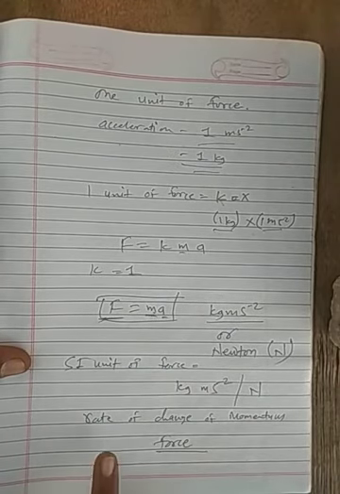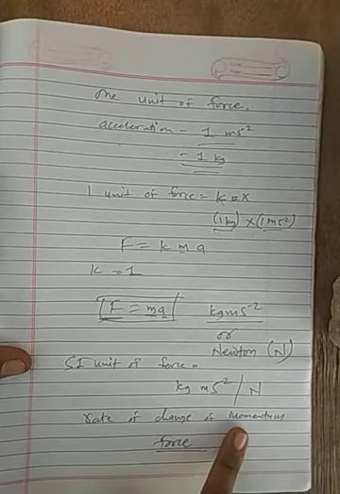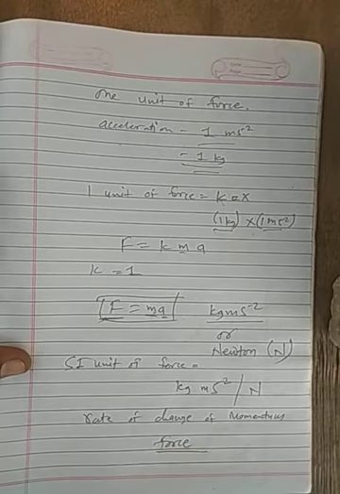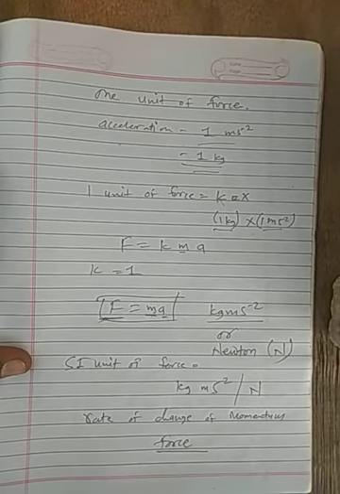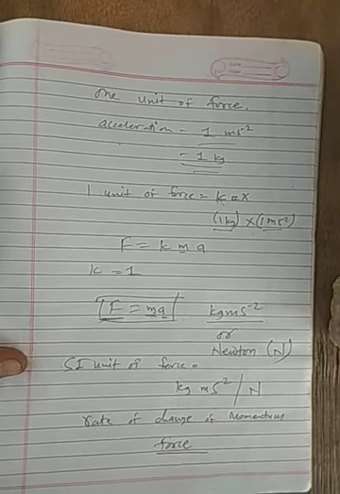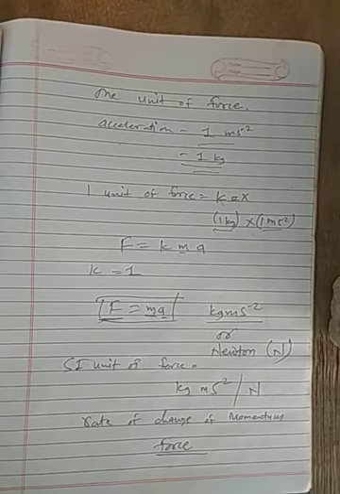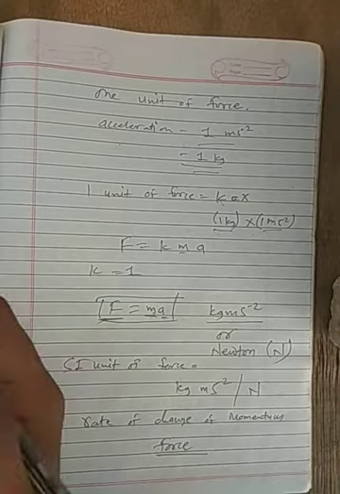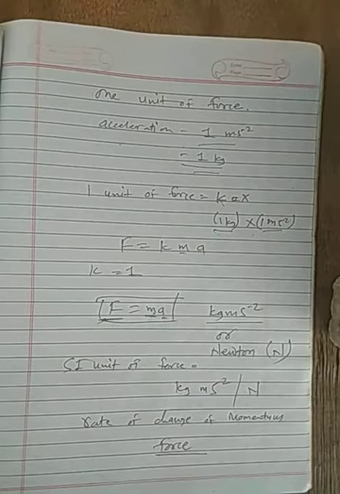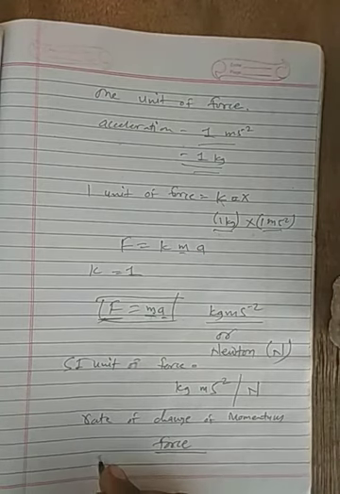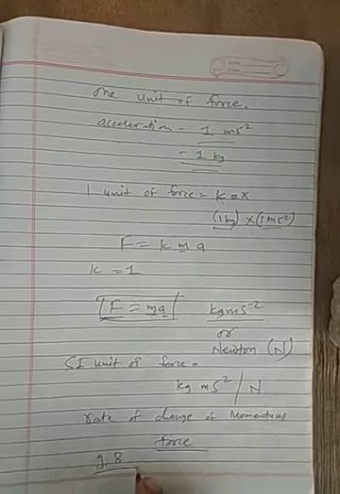That means if the rate of change of momentum is very high, the applied force will also be high, and if the rate of change of momentum decreases, the force will also decrease. Like when a cricketer is catching a moving ball, he will catch the ball and move his hand in the direction of the ball. The figure is given in your textbook as figure 9.8.